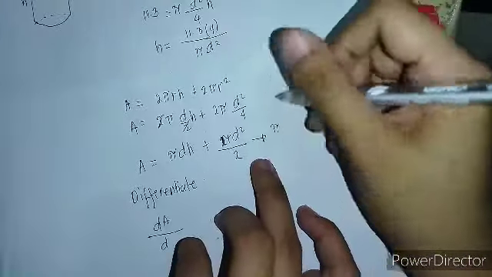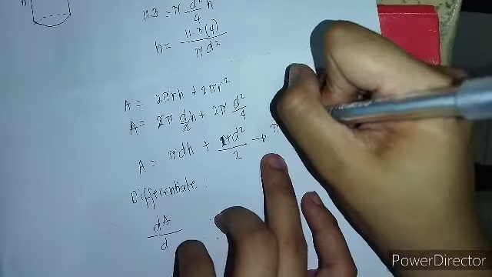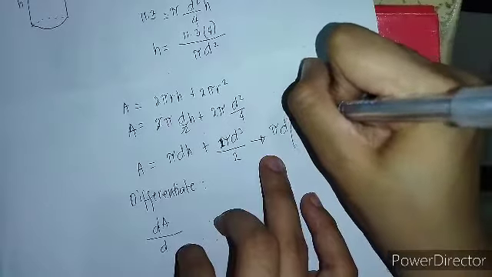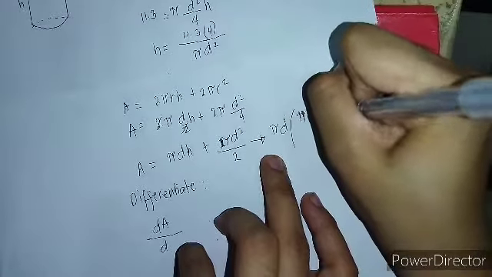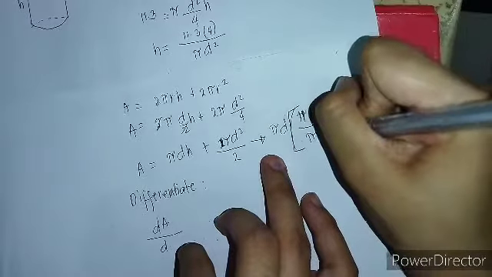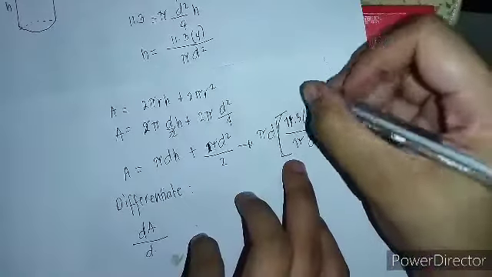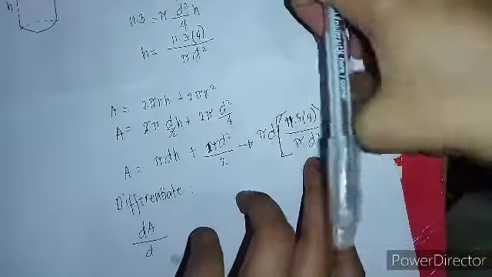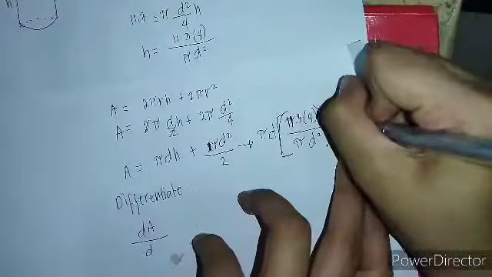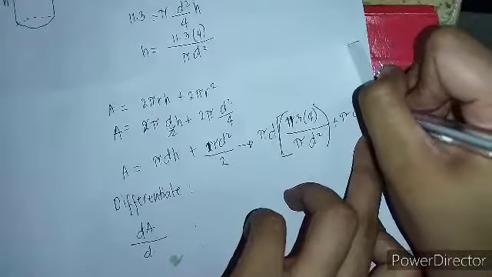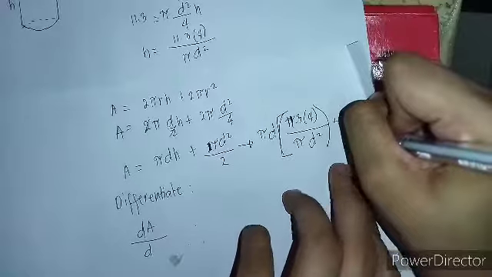We have pi d times 11.3 times 4 over pi d squared plus pi d squared over 2.